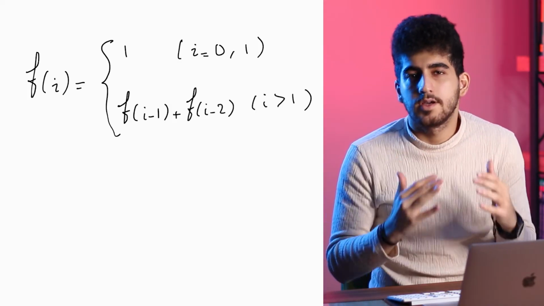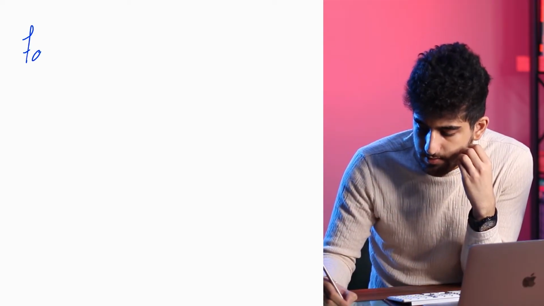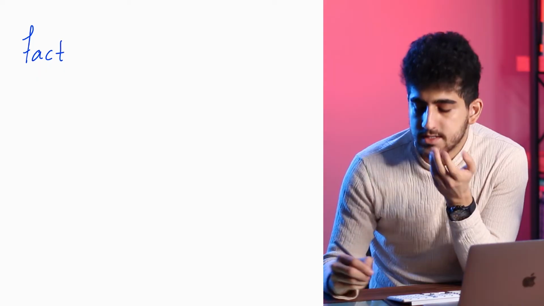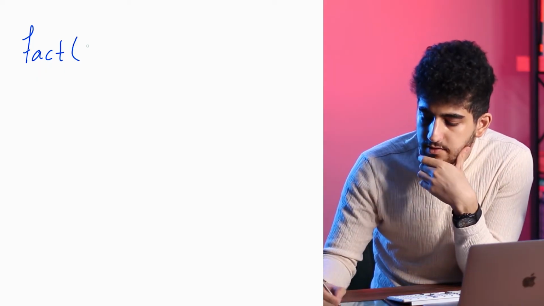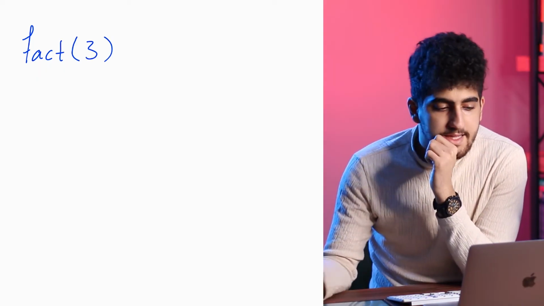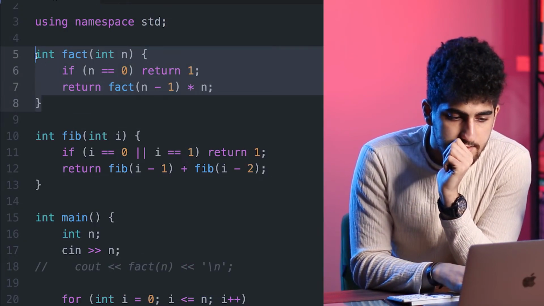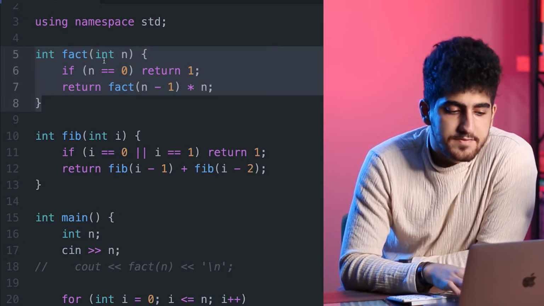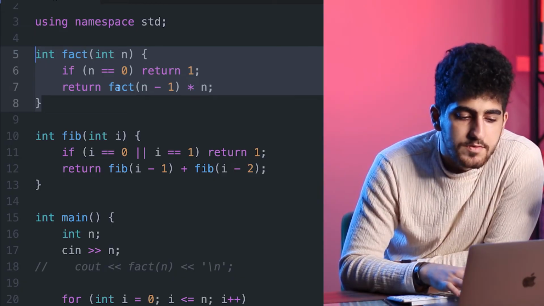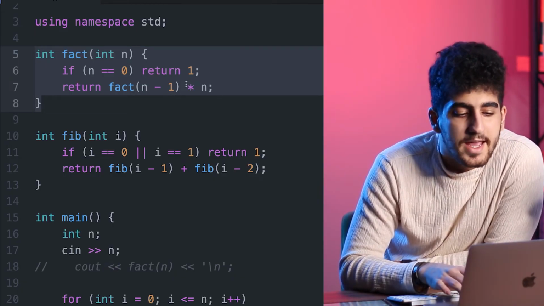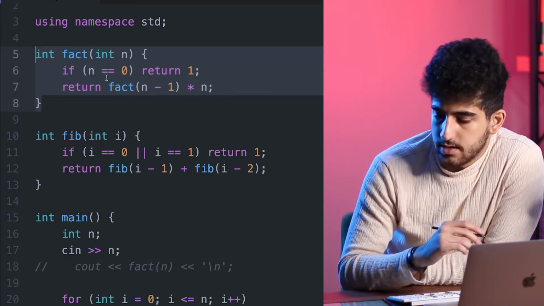So let's see what's really going on in here. The first function that we defined was the factorial. When I was calling, for example, factorial of 3, then inside of this function I say that factorial of n is equal to factorial of n minus 1 times n if n is not equal to 0.